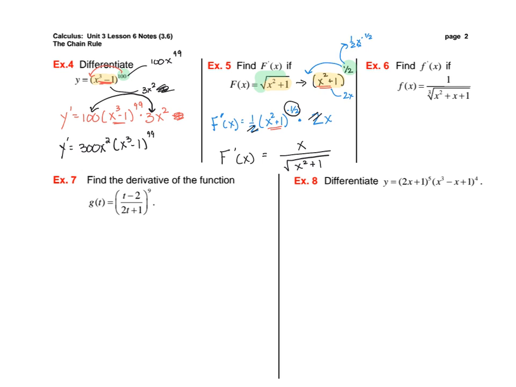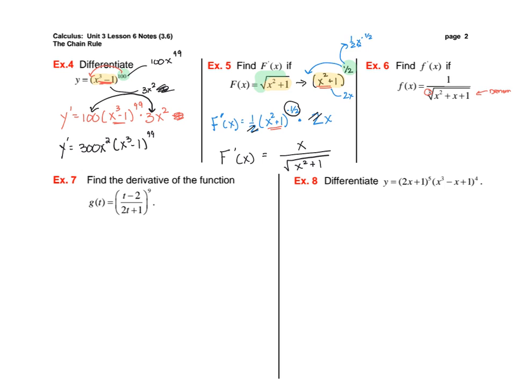All right, number 6, let's try this one. And again, before we start this, I would clean this up. If this is in the denominator, I would move it to the numerator by changing the negative of the exponent. And then this cube root, I would write it as a power.